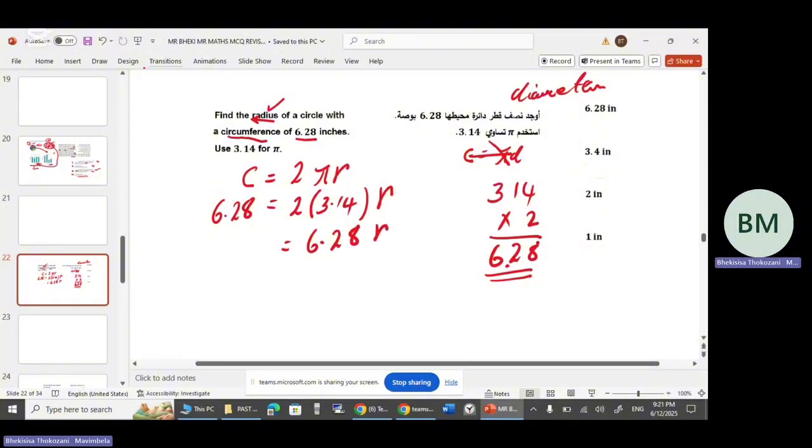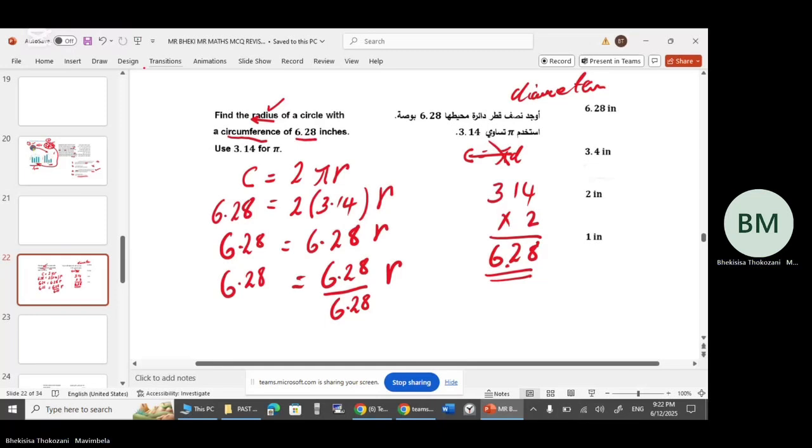And we have our R here, and it's 6.28. Now I'm looking for R. I'm going to divide both sides by 6.28. So 6.28 divided by 6.28, because I'm looking for R. What you do on the left should be done on the right as well.